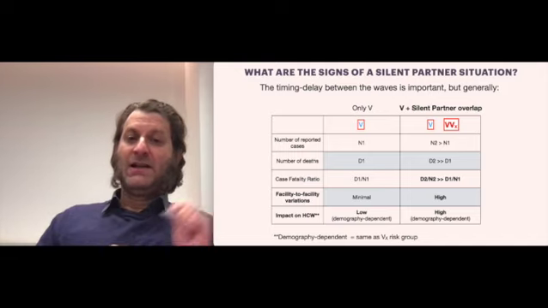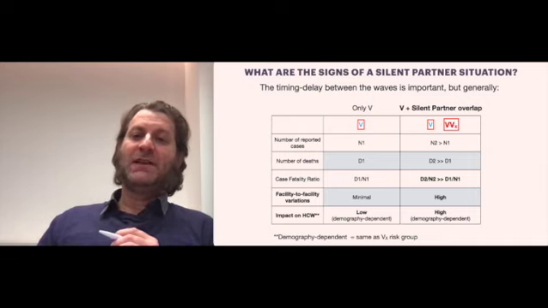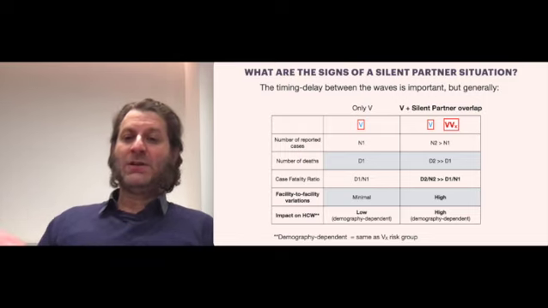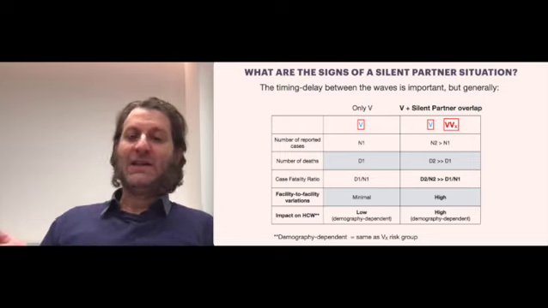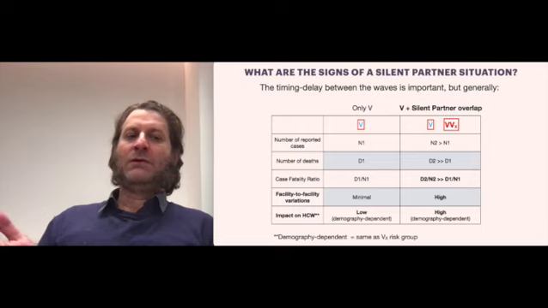Since V and Vx need to overlap for the silent partner effect, we would see huge variation between facility and facility. For example, you can have two hospitals, one by chance got one Vx, right? Just by chance, one person got Vx, infected another one in the hospital, they both had V, they're in a V ward, now people are hysterical again, you start populating the V ward, you give this Vx a chance to create a minor explosion, but still an explosion.